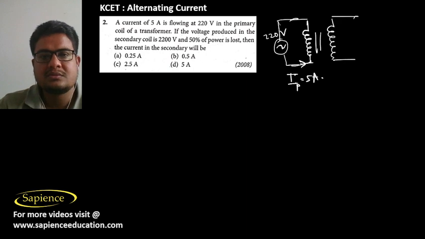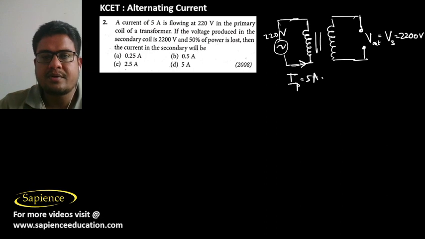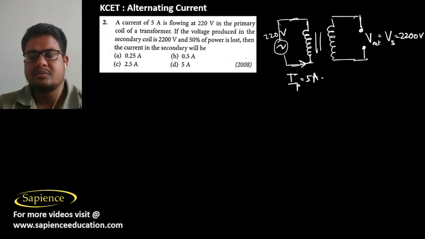The output voltage, that is the voltage across the secondary coil, Vs, is 20 volts. If 50% of power is lost, the current in the secondary will be.